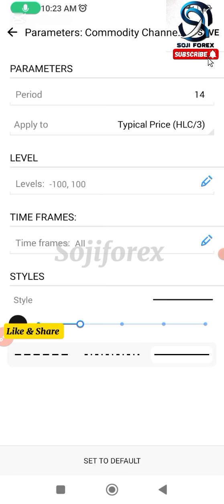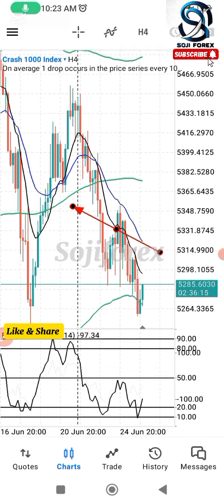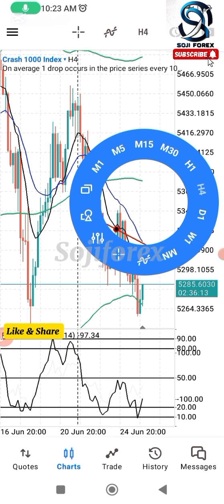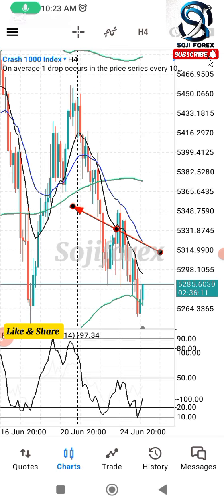Then we have our commodity channel index. We use the commodity channel index in order to determine divergence, while the moving average is an additional tool for you to time your entry.